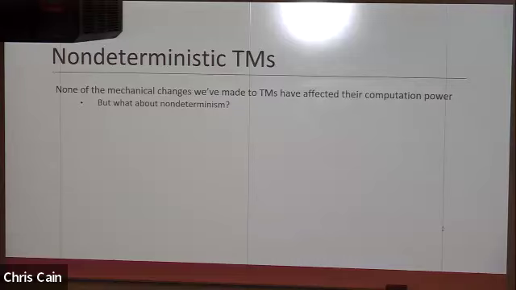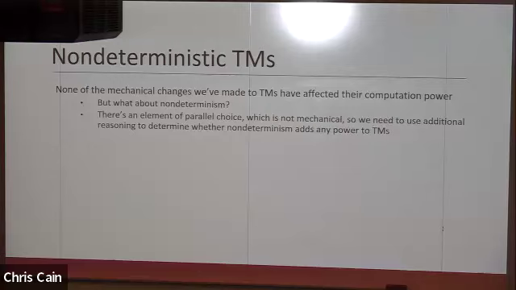Got it. So now we're taking into account the efficiency of the associated algorithms. If we don't care about efficiency, then efficiency is the big problem with non-determinism for sure. So parallel choice is not mechanical. We need some way of determining whether non-determinism adds power.